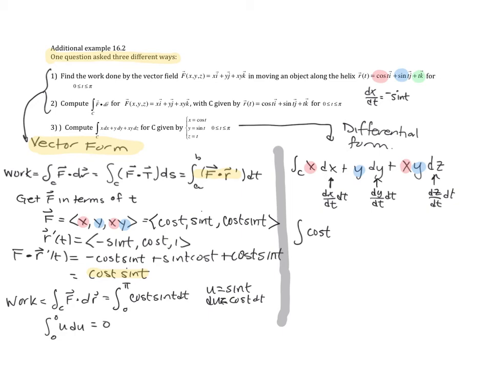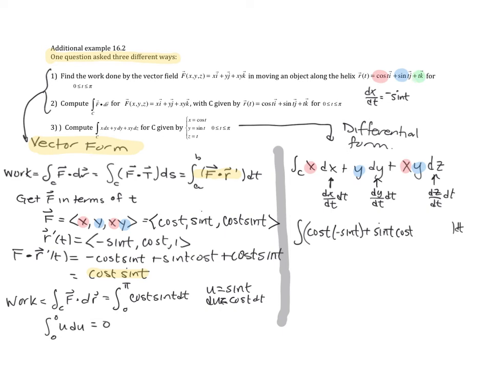So dx here is dx/dt dt, which is minus sine of t dt, and as I said, we just factor that dt out. y here is sine of t. I'm going to multiply by dy, which is dy/dt, so the derivative here is cosine, so cosine t dt, which is already factored out here.